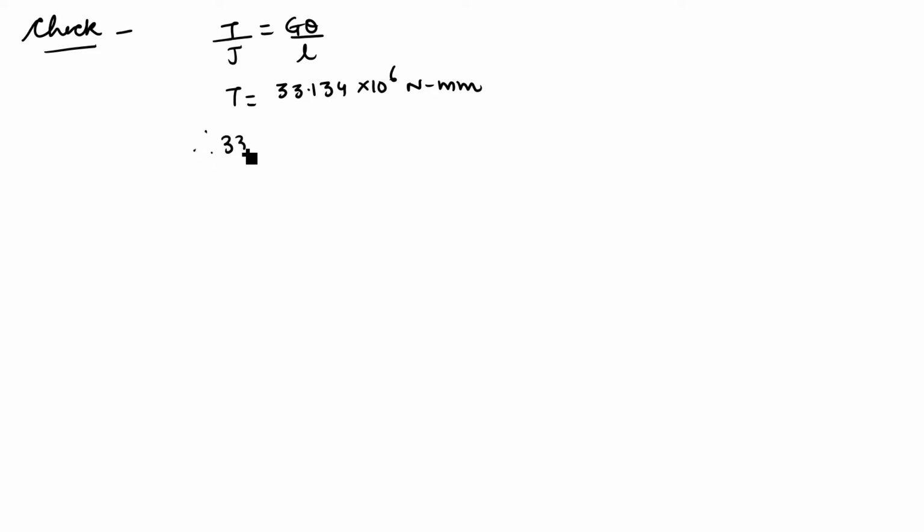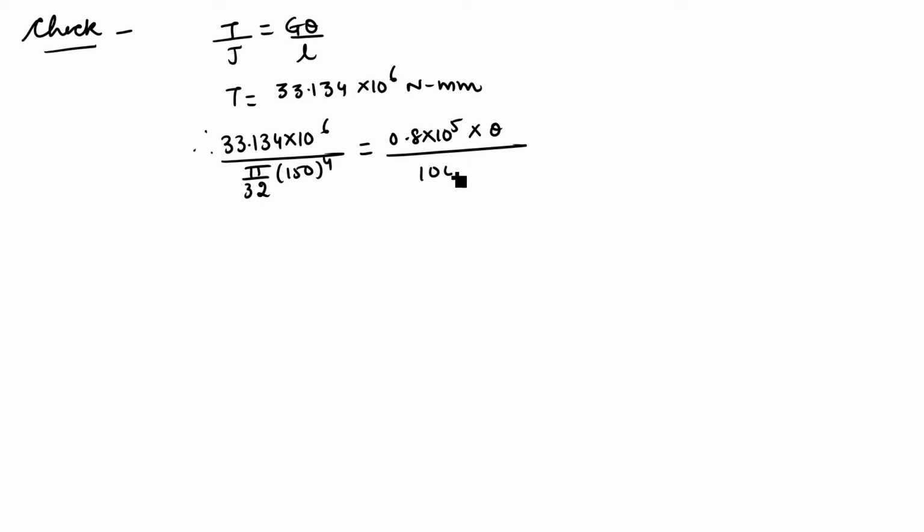Therefore, 33.134 into 10 raised to 6 upon pi by 32 into 150 raised to 4 is equal to 0.8 into 10 raised to 5 into theta upon L, that is 1000. Therefore, I get the value of theta as 8.33 into 10 raised to minus 3.